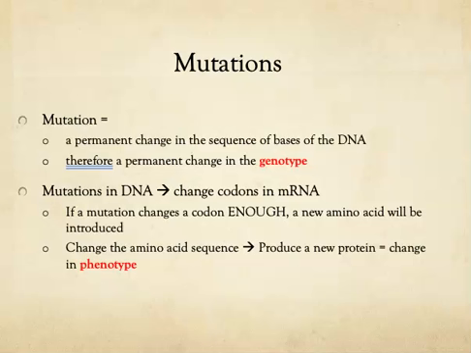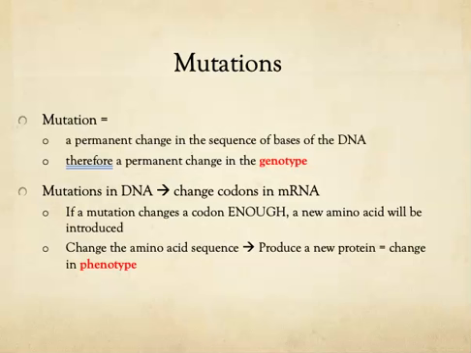Mutations in DNA can cause changes in codons, because if you change the order of the bases in the DNA, you've changed the order of the bases in the RNA, and that leads to a change in the codon. Now, here's where it can be a little confusing. If a mutation changes a codon enough, that codon will now code for a different amino acid.